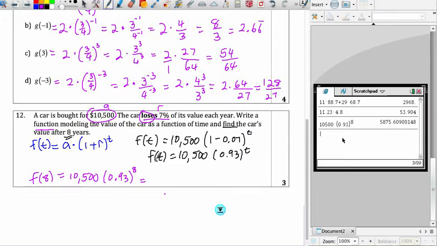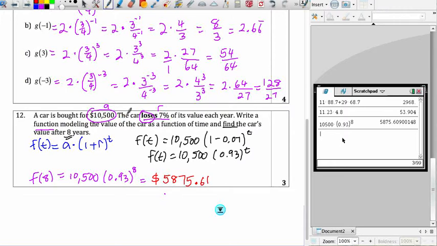And what we're going to do, since we're talking money in this case, we're going to round to 2 decimal places, and so the value of the car is 5875.61 if we round to 2 decimal places.